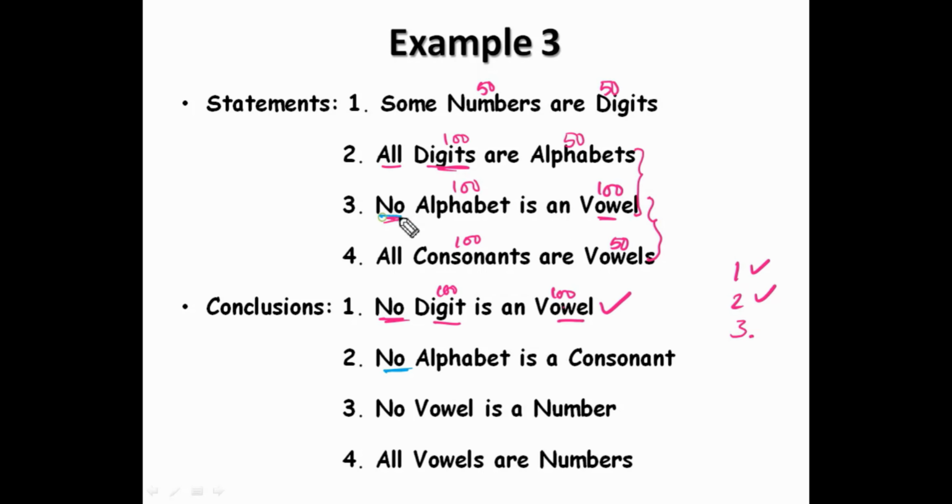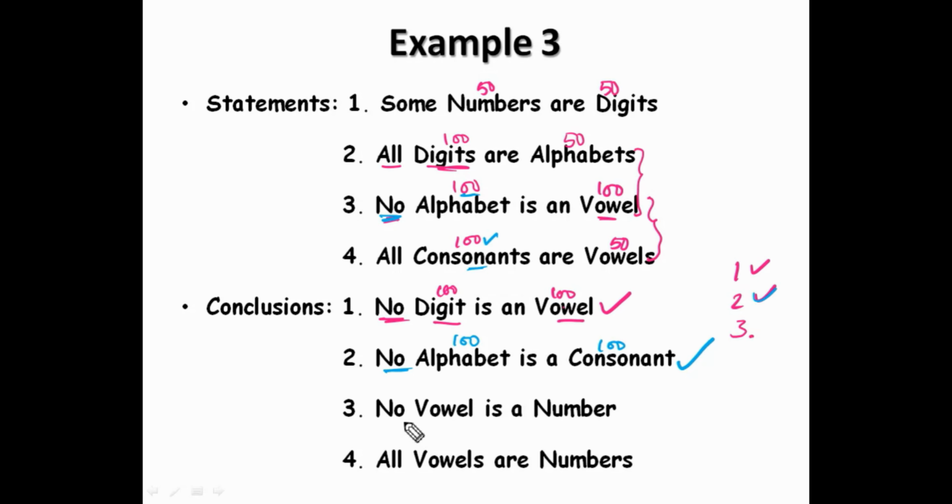One statement is no, so we can combine. We can get the relation. And third is income and expenditure. Alphabet has how much income? 100. We need how much? 100 only. Consonant has how much income? 100. Yes, we need 100 only. Yes, we can spend 100. Out of 100, we can spend 100. It also follows.